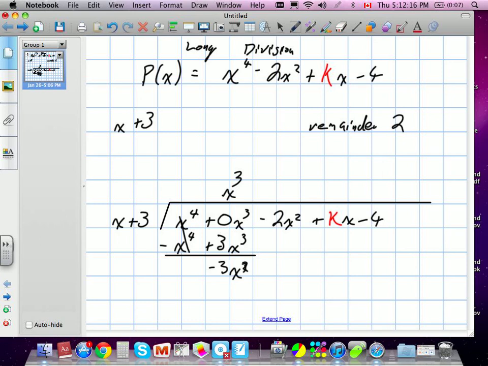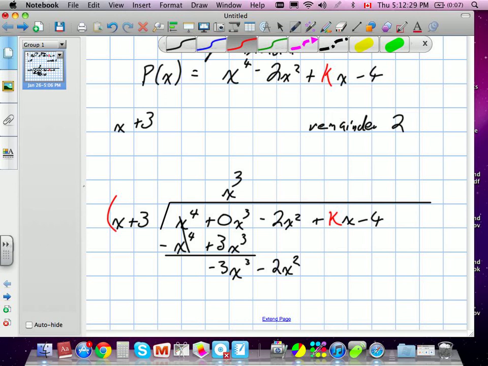Okay, and then what do we do? And then the next one. Yep, bring this down. Okay, what do I multiply our divisor by in order to go into this? Remember, we always want to eliminate the first one again.